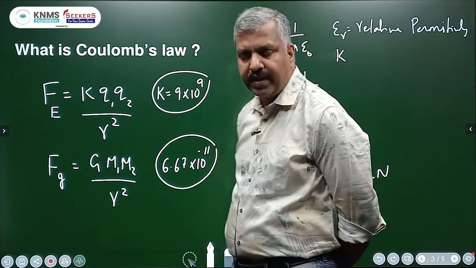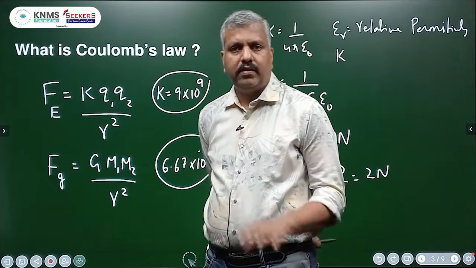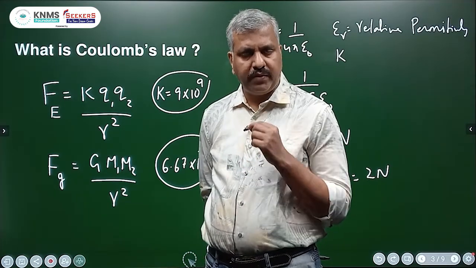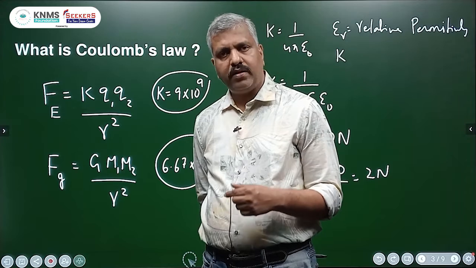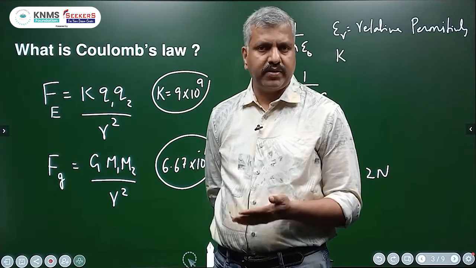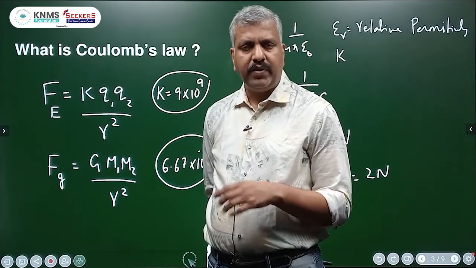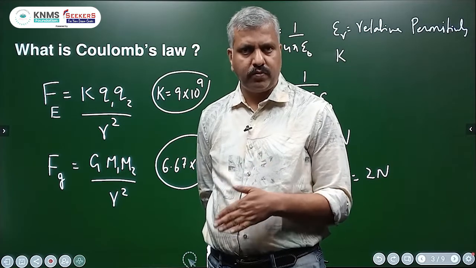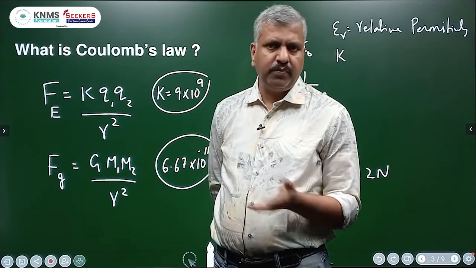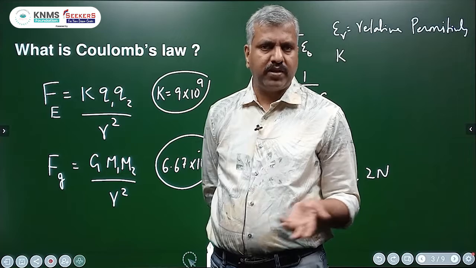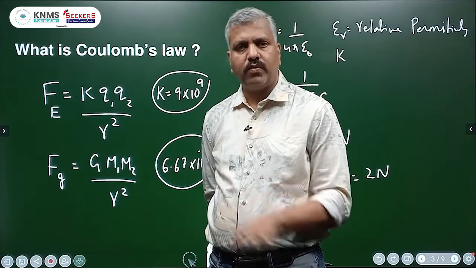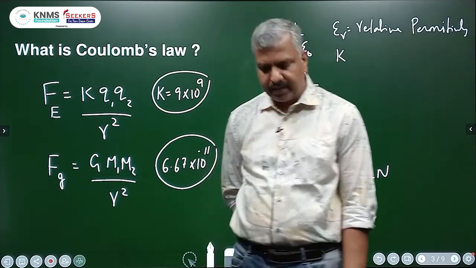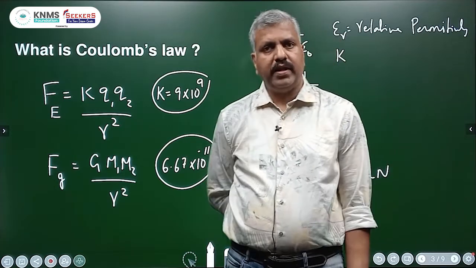So, please understand that whenever the charges are kept in some other medium, the electrostatic force between them will reduce. Why? Because every medium will have a dielectric constant greater than 1. For vacuum it is 1, and for air we are assuming it to be equal to 1, which is almost like vacuum. Okay. So, this is what dielectric constant is. So, make sure that you are understanding dielectric constant. What kind of question you will get in your exam?